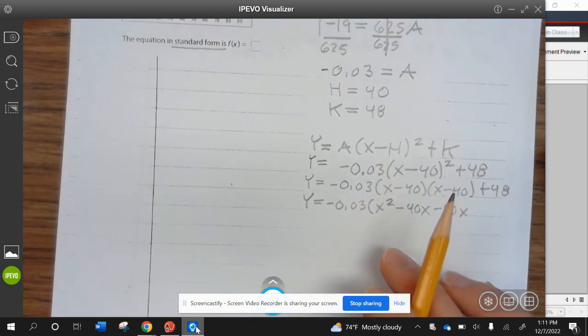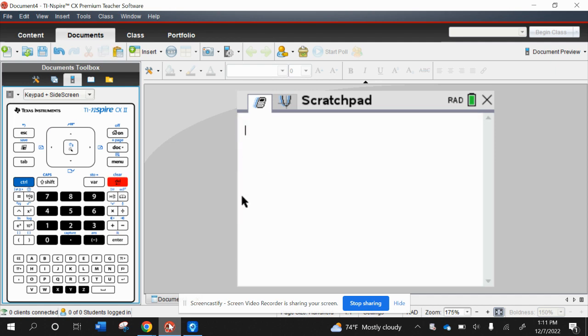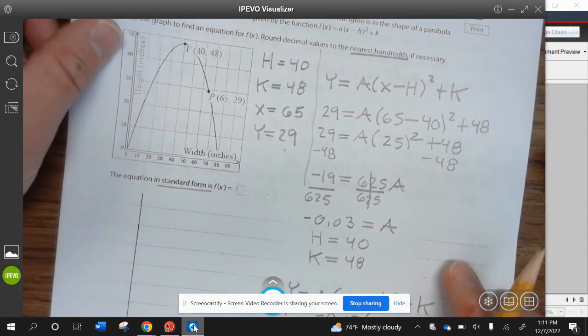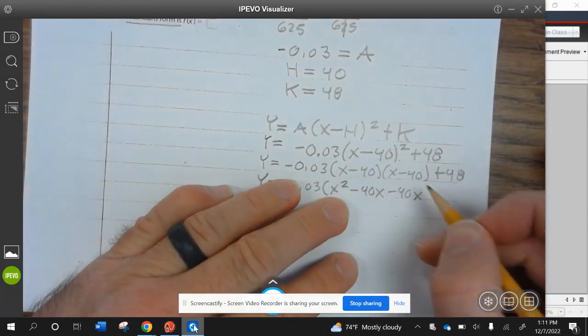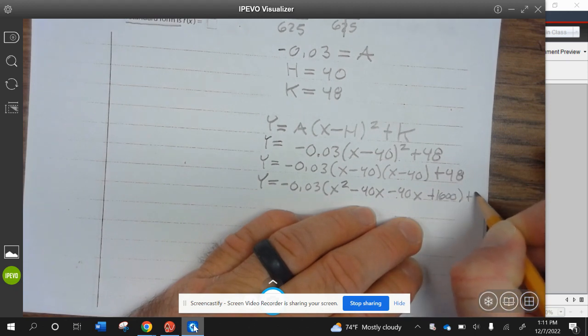And then I don't know what negative 40 times negative 40 is off the top of my head, so let's just use a calculator. Negative 40 times negative 40 is 1600. So plus 1600 plus 48.